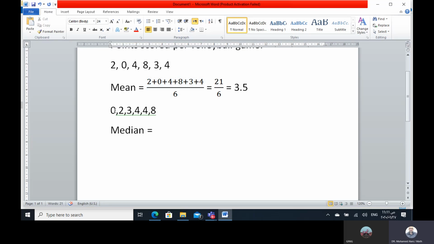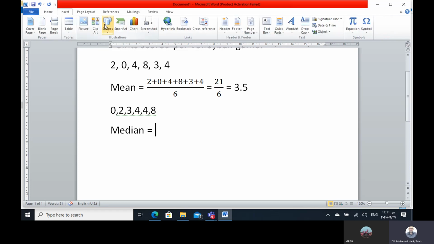As you see here, we have 6 numbers, means we have even number. When we have even number, the median will be the 2 numbers on the middle.